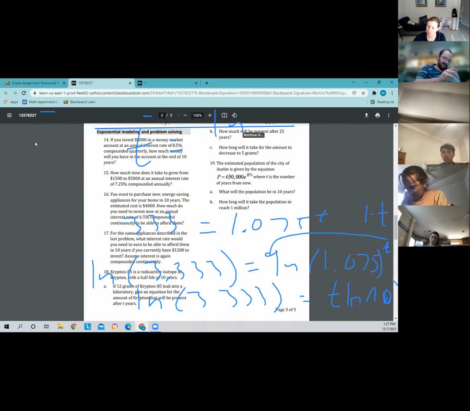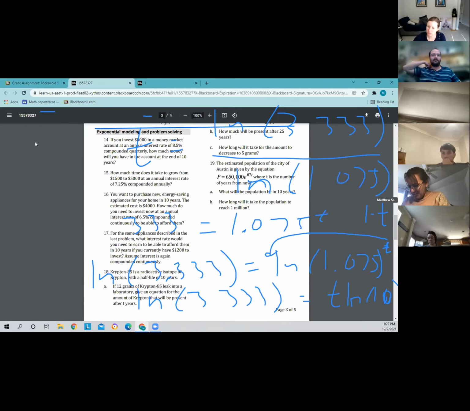I think we're dividing a log by a log, right? We have t times a log of 1.075, and so we want to get t by itself.